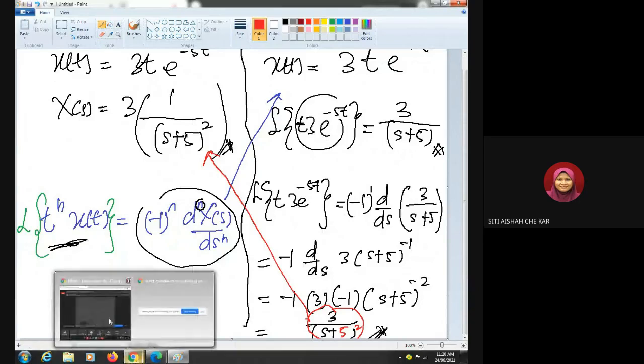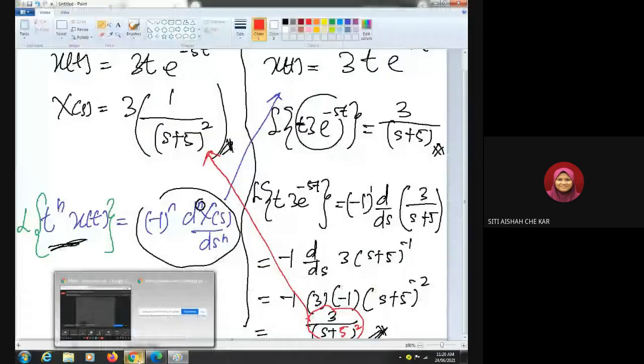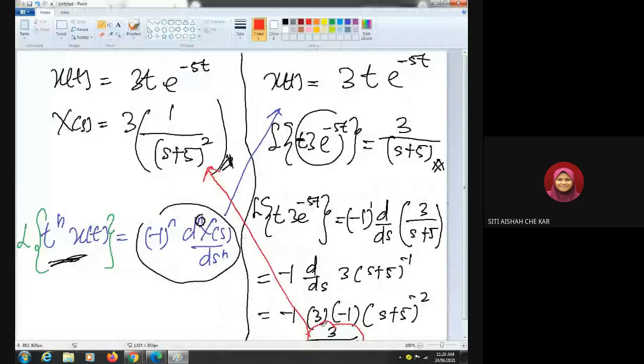Okey, cuma tengok jawapan ni sama. Tapi yang mana yang senang? Yang mula-mula tadi. Yang ni lah. So if you have a choice, choose the easiest one lah. Tapi ada certain soalan you tak ada choice.